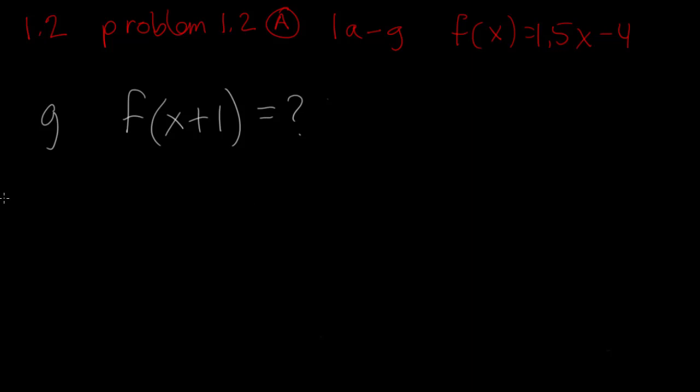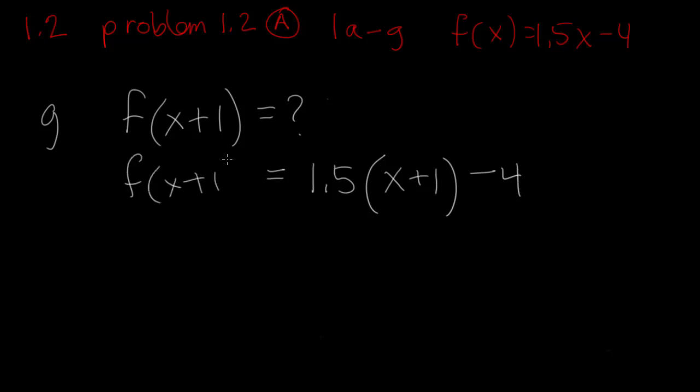We take our equation, equals 1.5 times, you take everything that's in the parenthesis and replace it in every place there is an x. You put the whole thing in there, minus 4. So now we have f of x plus 1 is equal to 1.5 times x plus 1 minus 4.